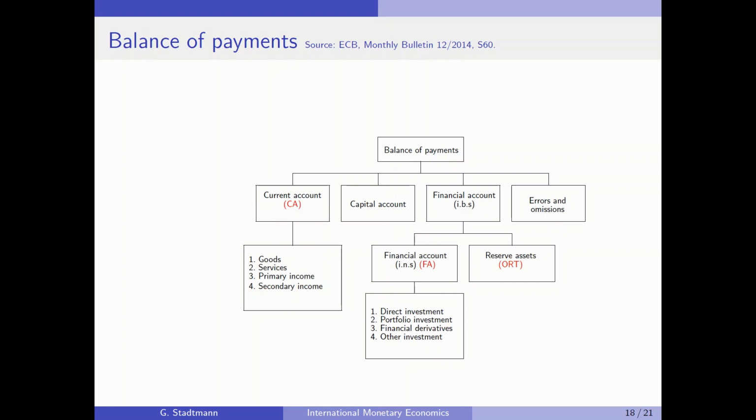Let's assume that there is a Turkish family or a family with Turkish roots living in Berlin, and each month the daddy of this family is sending 100 euros back home to the grandparents in Turkey. Since this payment occurs on a monthly basis, like every month the father is sending some money back home to the grandparents, then this secondary income account will be addressed.